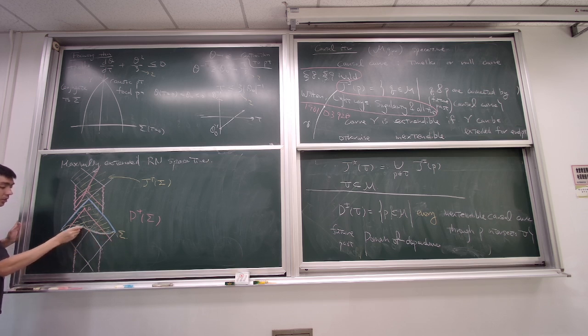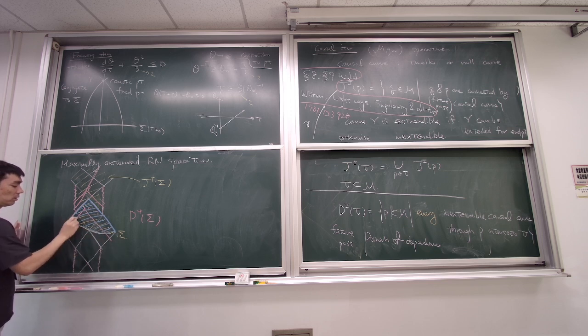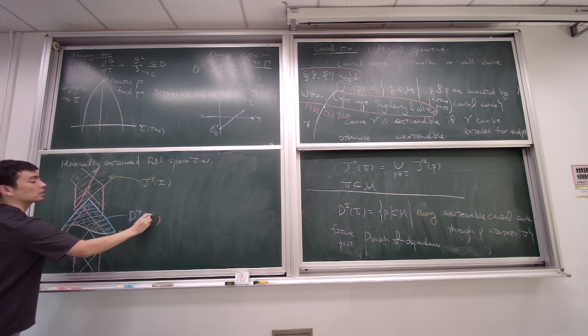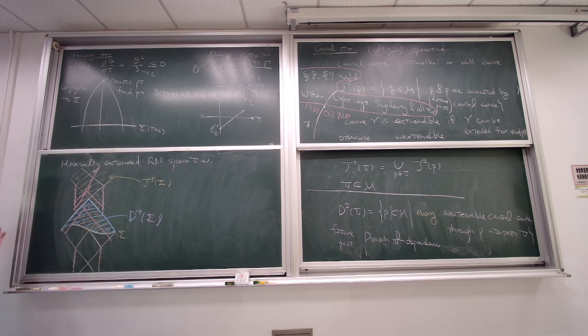So this is D plus of sigma. Likewise, D minus is only this part.